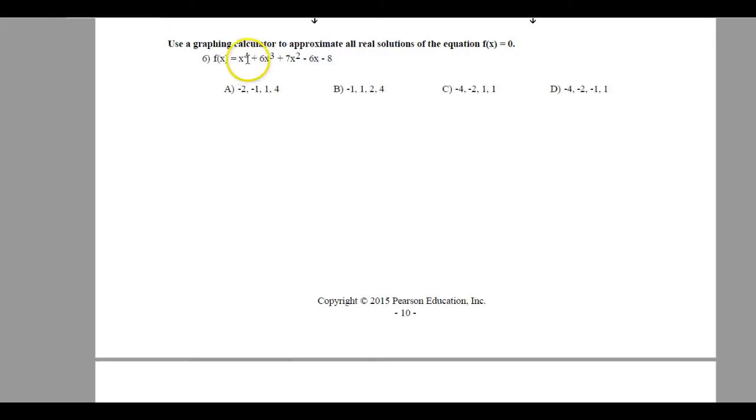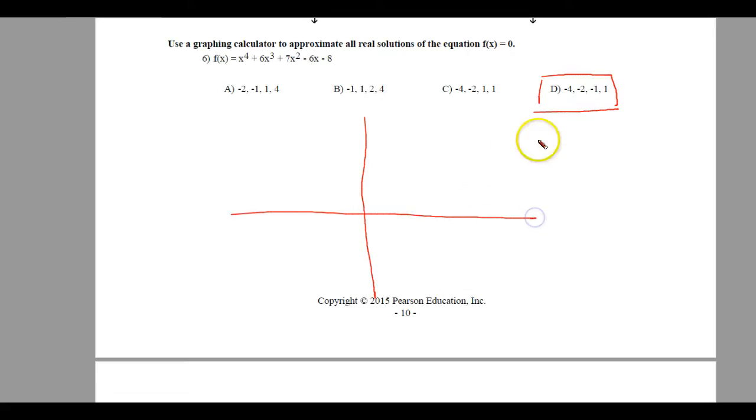Again, if you put this into your graphing calculator of some type, the answer is letter D. And if you were to graph it, it would be a curve, a series of curves going through -4, -2, -1, a 1.